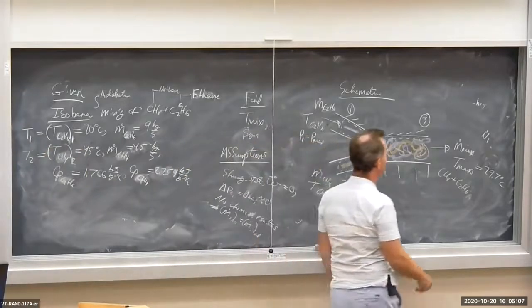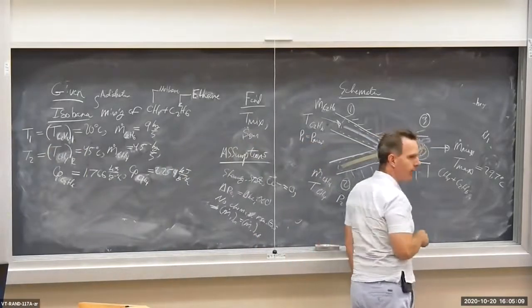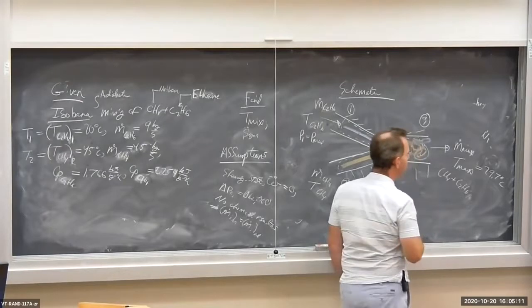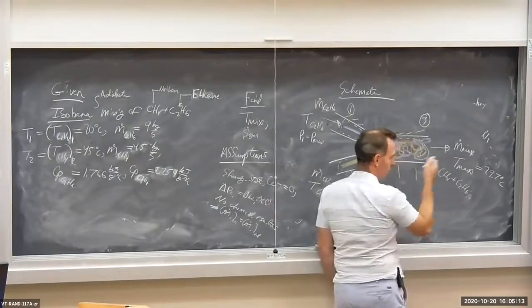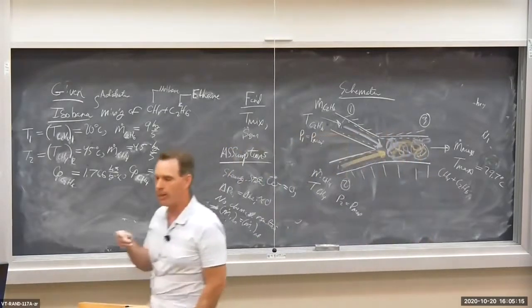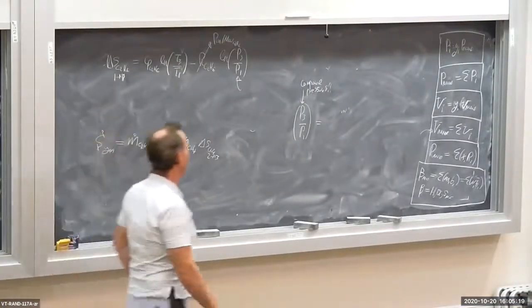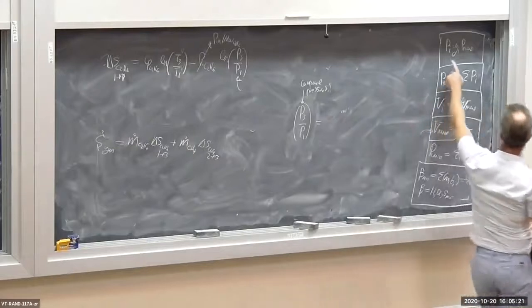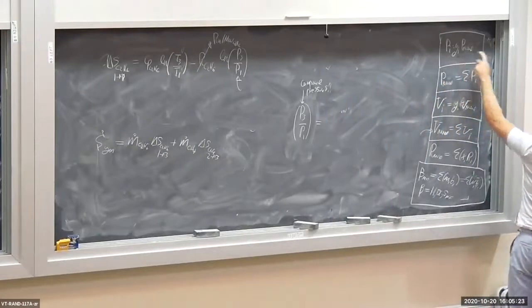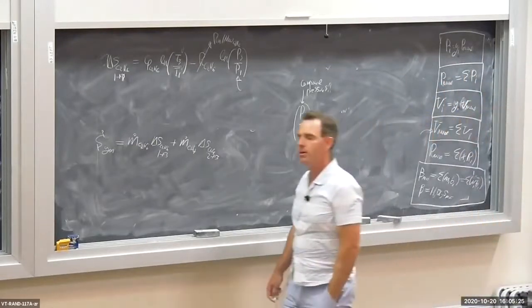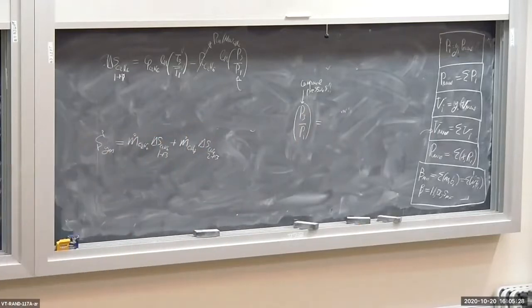Now, how do we calculate the partial pressure of each component at the outlet? Partial pressure of component i is equal to the mole fraction times P mix.